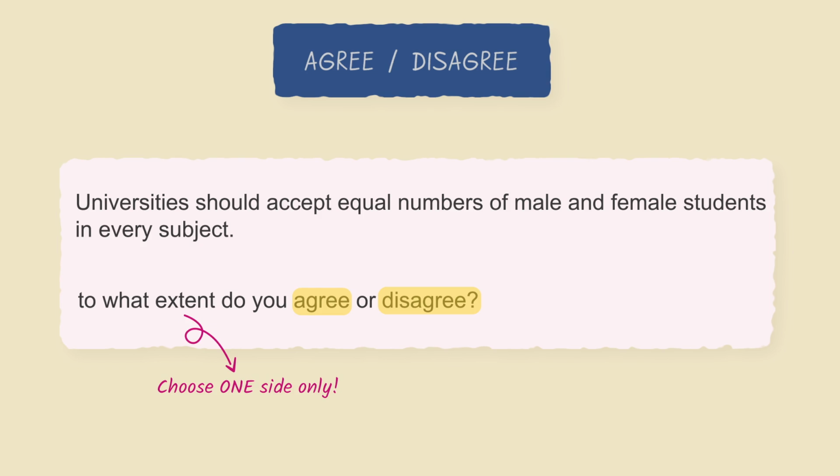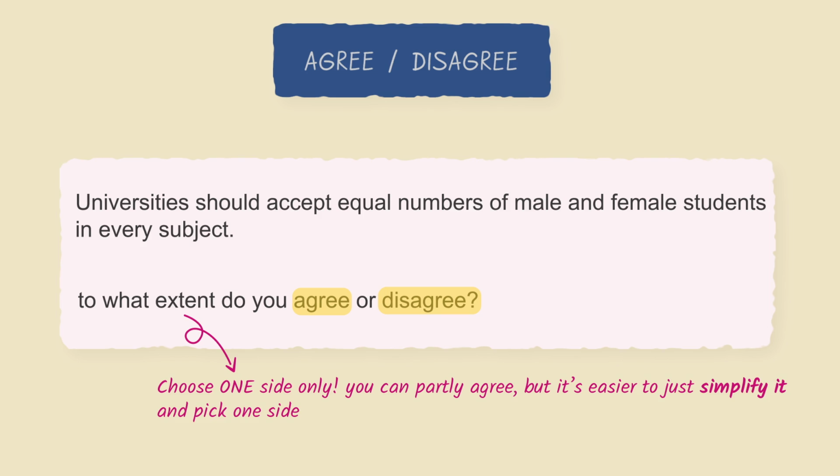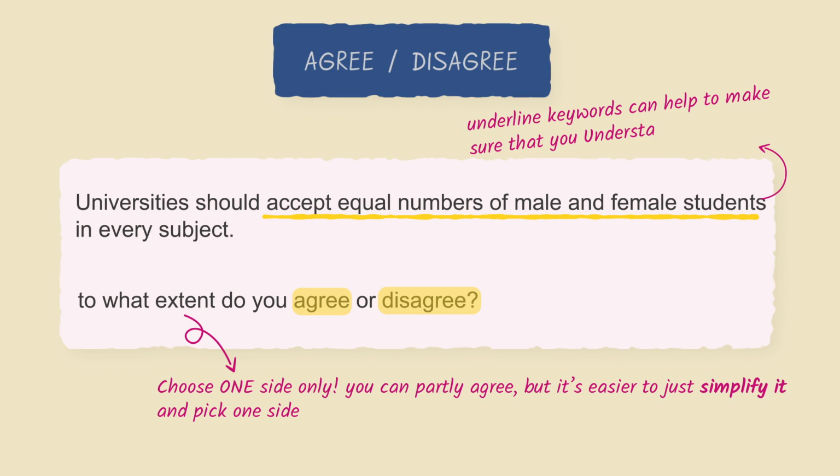You can partly agree, but it's easier to simplify it and pick one side. So choosing one side would be very easy for you to analyze and justify your position. And one of the very important things is to underline keywords. It can help to make sure that you understand the question.